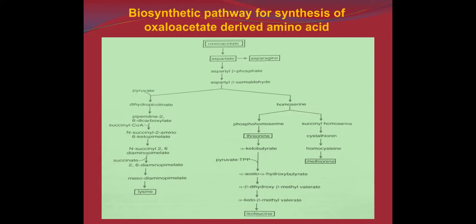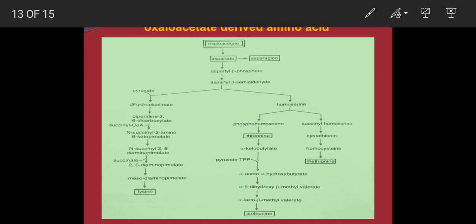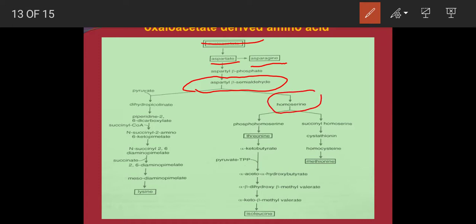Now this image shows the biosynthetic pathway for the synthesis of the oxaloacetate derived family, and in this picture we clearly see that oxaloacetate gives rise to aspartate, and aspartate gives rise to asparagine. Aspartate also gives rise to aspartyl beta semialdehyde, which is an important intermediate, as it gives rise to homoserine on one side, and homoserine gives rise to threonine and methionine on another side.